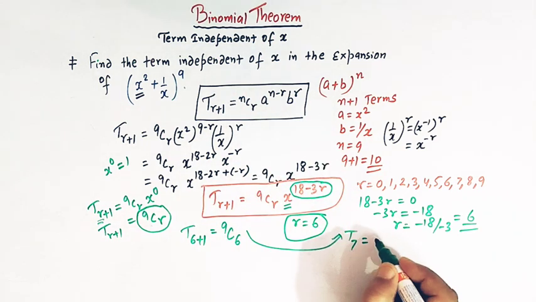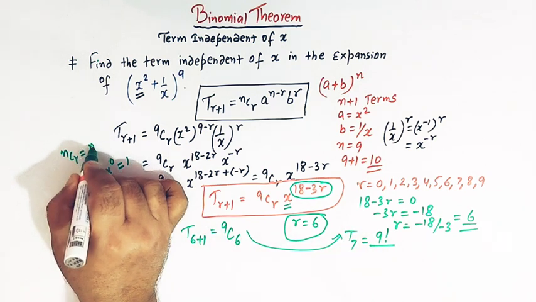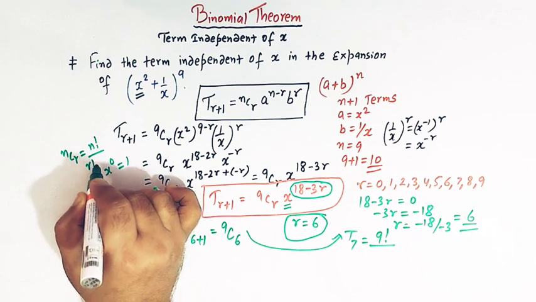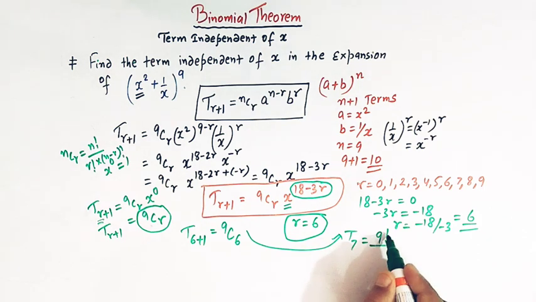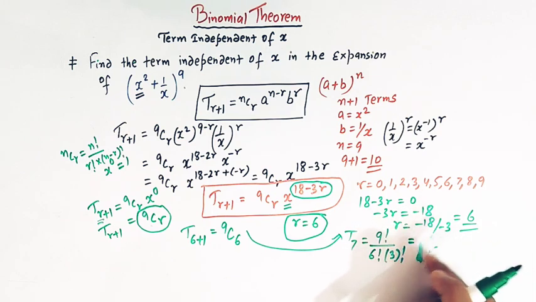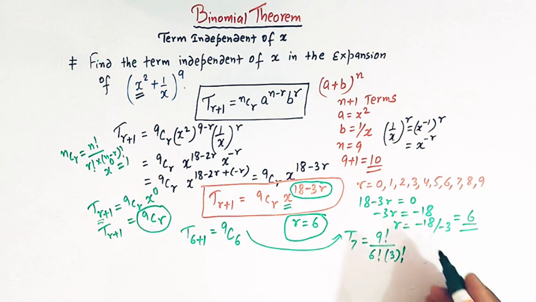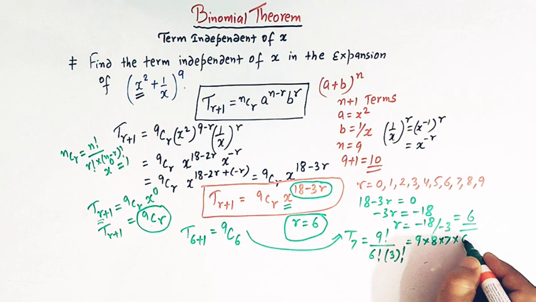So T7 is 9C6, and we know the formula for nCr: n factorial divided by r factorial times (n − r) factorial. So here we have 9 factorial over 6 factorial times (9 − 6) factorial, that is 3 factorial. We can write 9 factorial as 9 × 8 × 7 × 6 factorial.